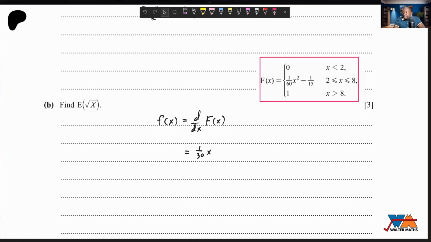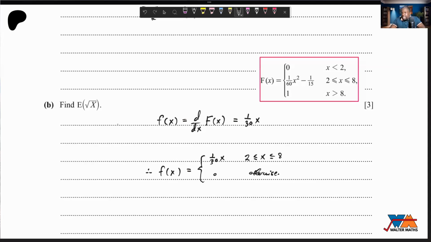So let me just place it here. We're saying that f of x is equal to 1 over 30 of x, and that's for 2 to 8, or 0 otherwise.